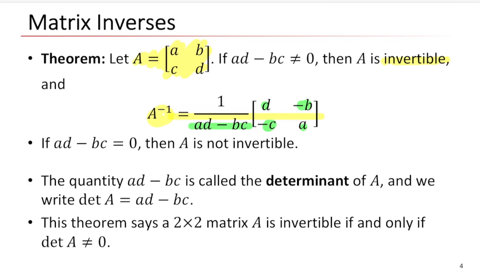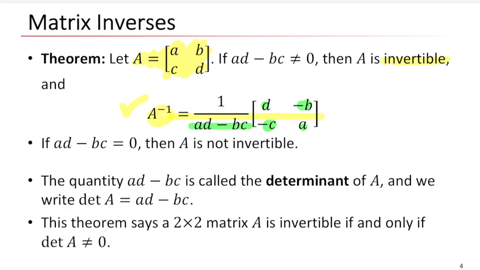I won't prove this theorem, but in the determinant section we will discuss the general formulation of this inverse. Before that, just keep in mind this is an example of the matrix inverse.